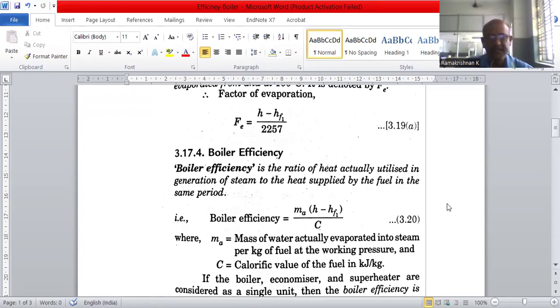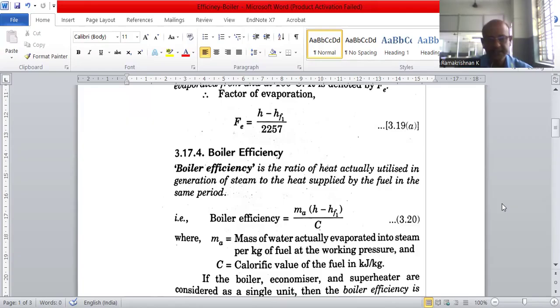Technically, it is defined as the ratio of heat actually utilized in generation of steam to the heat supplied by the fuel in the same period.